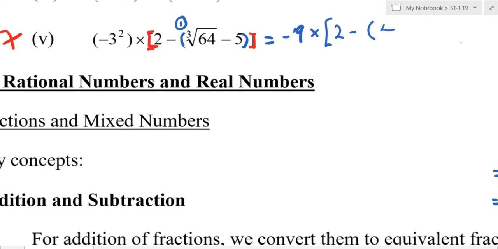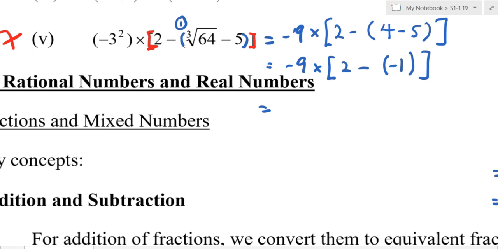So you have 4 minus 5. You have to write down the 4. Let me explain. You have to write down the 4 because the cube root of 64 is not just the answer. So this is 4. So this is the meaning of clear working. You see, okay? So 4 minus 5. What is 4 minus 5? -1.